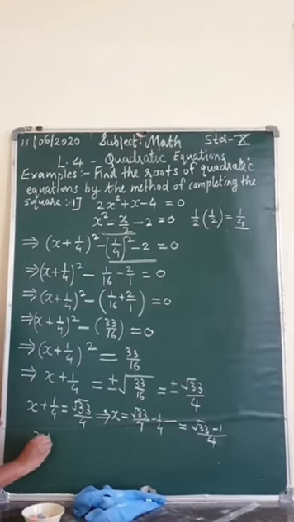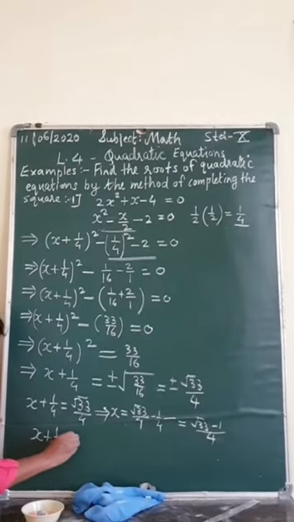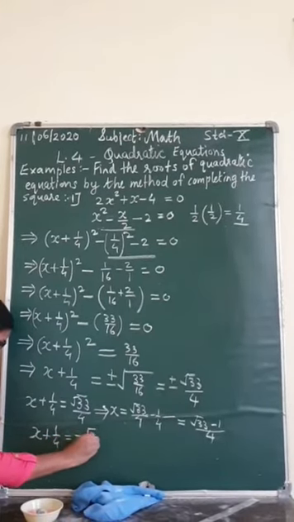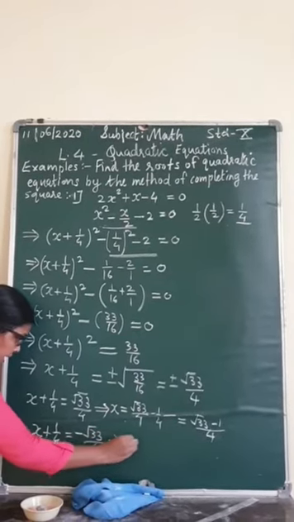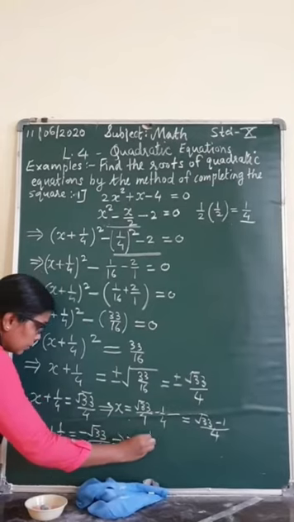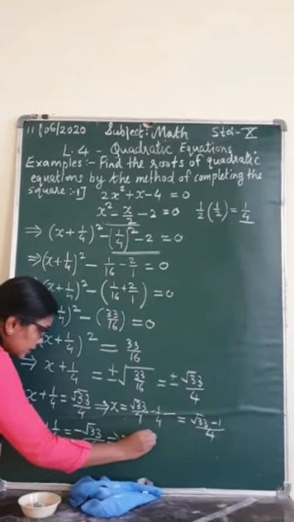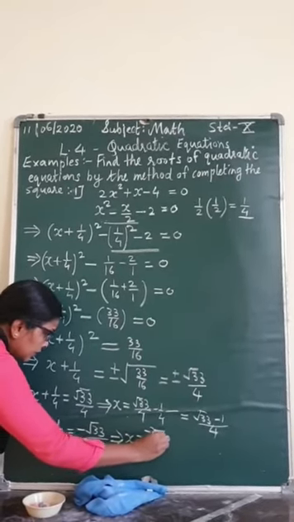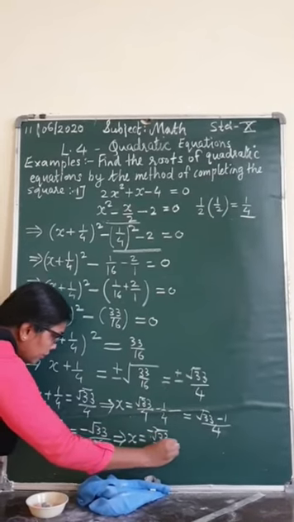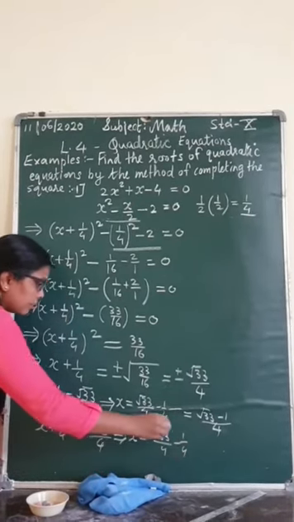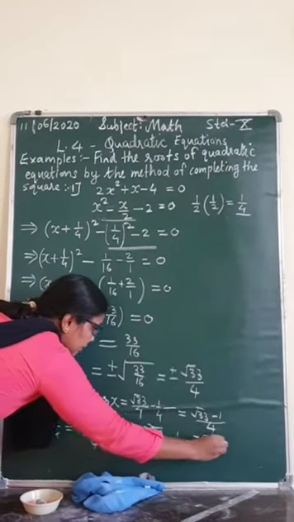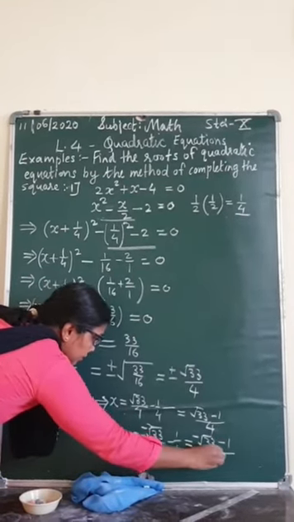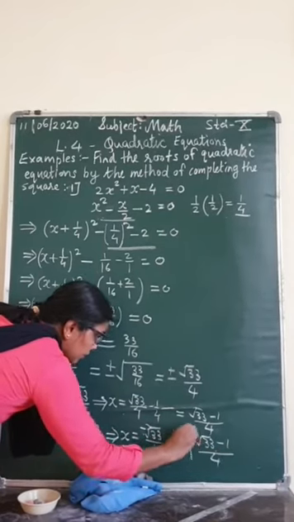Now, if we have x plus 4 is equal to minus root 33 upon 4, which gives us x is equal to minus root 33 upon 4 minus 1 upon 4, that is minus root 33 minus 1 upon 4.